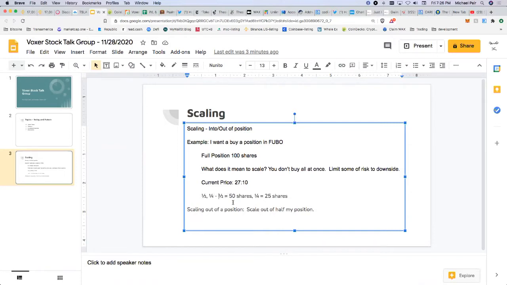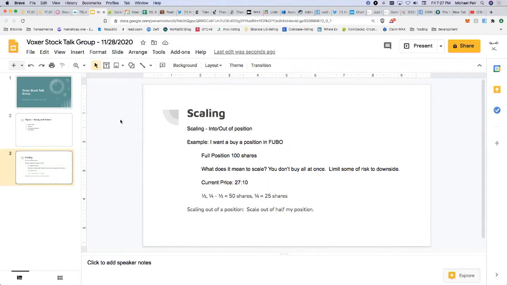In this case, if I was buying 100 shares to represent a full position, and I wanted to scale in by a quarter of the position, I'd buy 25 shares at a time. And then just the opposite on scaling out of the position. So that's one thing that you do on the scaling, and for the reasons that I mentioned.